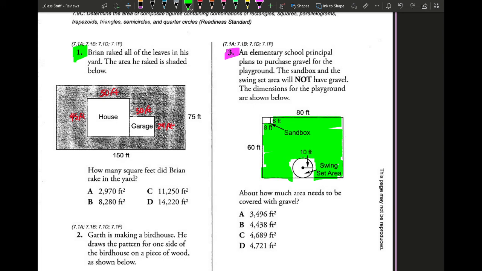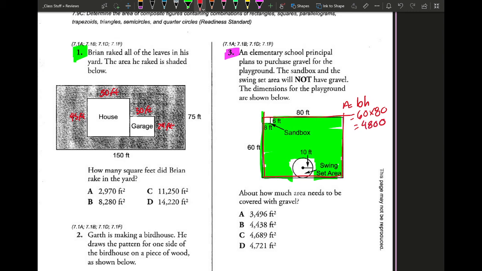So, first of all, let's find the area for the whole thing. The whole rectangle. How much area is right there? And then I can just take away those sections, right? That easy. So the area for the rectangle is base times height, which is 60 by 80. 60 times 80 gives me 4,800.